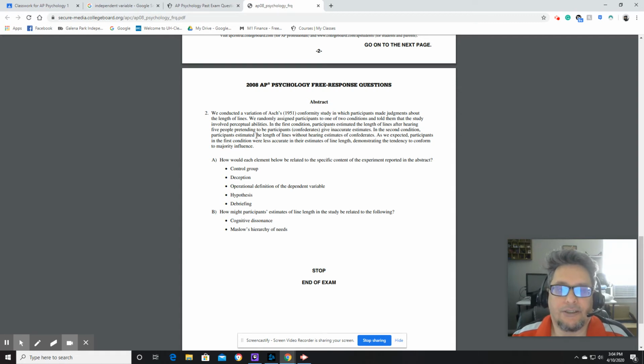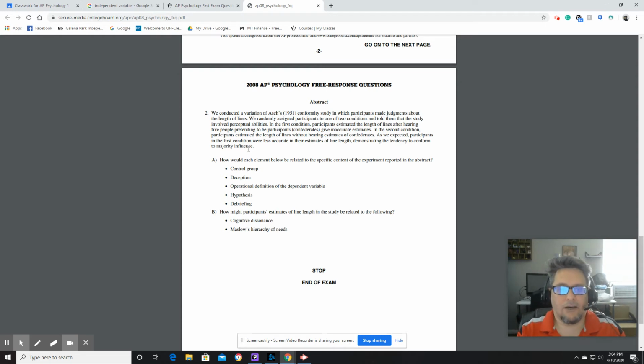In the second condition, participants estimated the length without hearing the estimates of the Confederates. As we expected, the participants in the first condition were less accurate in their estimates. They were more likely to go with the Confederates than they were to go with their own gut on the correct answer, demonstrating the tendency to conform to majority influence.